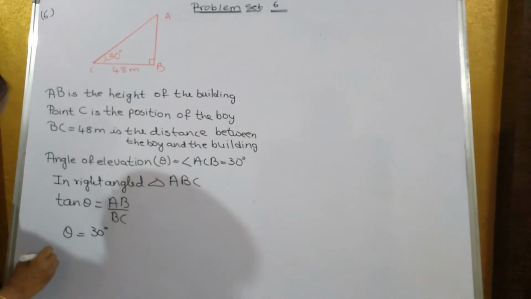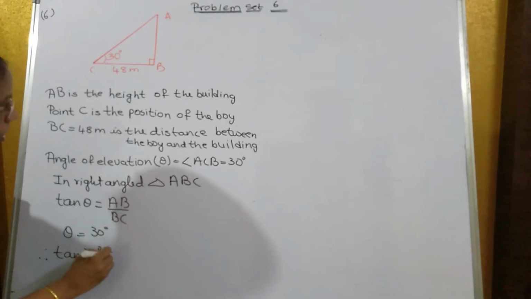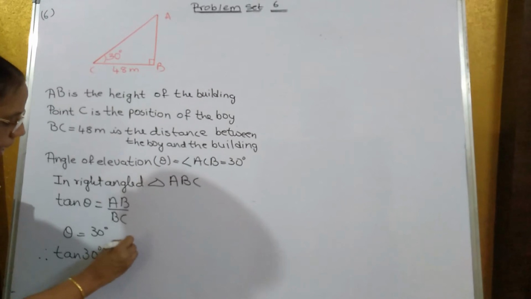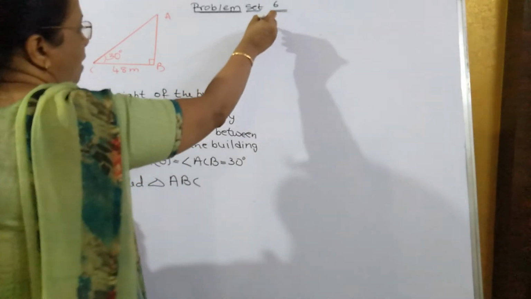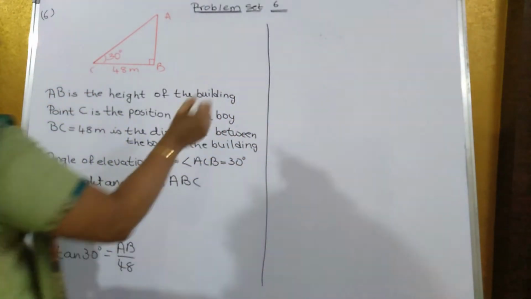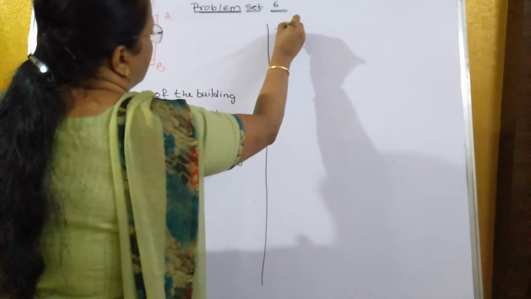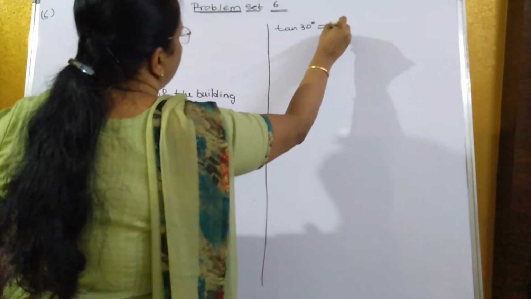Therefore, tan 30 degree is equal to AB, we have to find out, upon BC, which is equal to how much? 48 meters. Now what's the value of tan 30? Tan 30 is 1 upon root 3. So tan 30 degree is equal to 1 upon root 3.